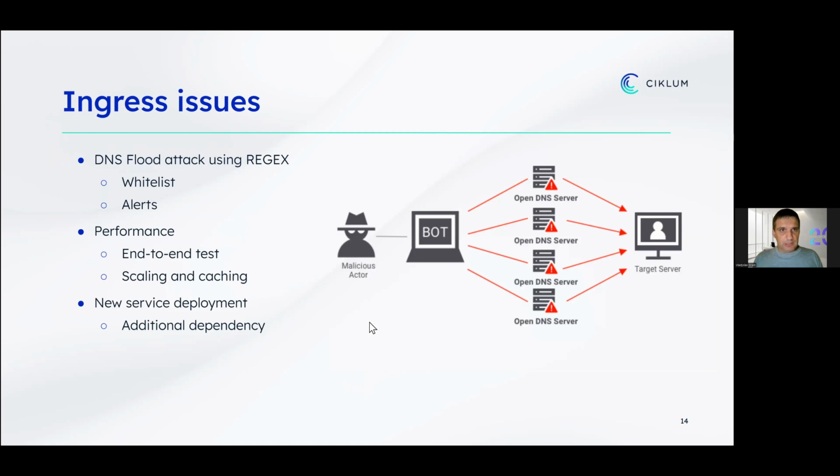So here we are talking about this ingress issue. One of the issues, I already told about this, is a DNS flood attack on the regex. Basically, if we are using a fully allowed regex, it will create this type of vulnerability, this type of threat, which we don't want to survive.